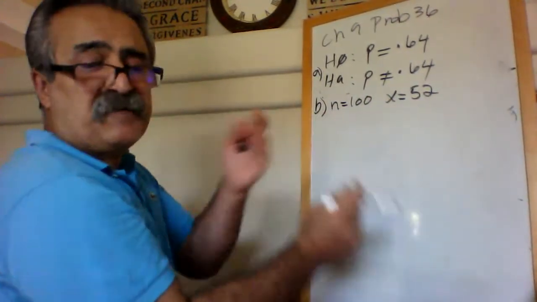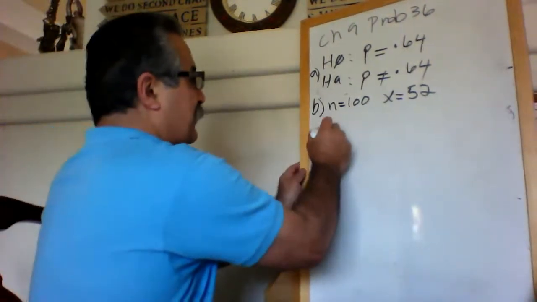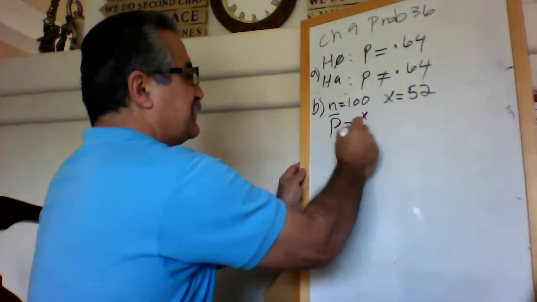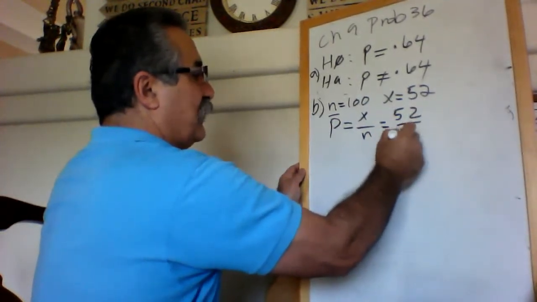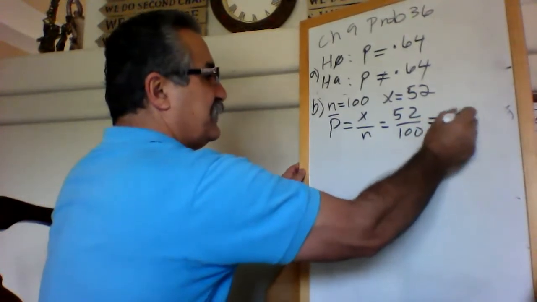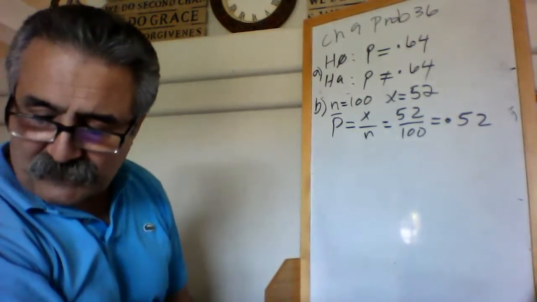So in here we have to go ahead and find our sample proportion first. Sample proportion is equal to X divided by n. That will be 52 divided by 100. That's 0.52. Okay, that's our lowercase p bar.